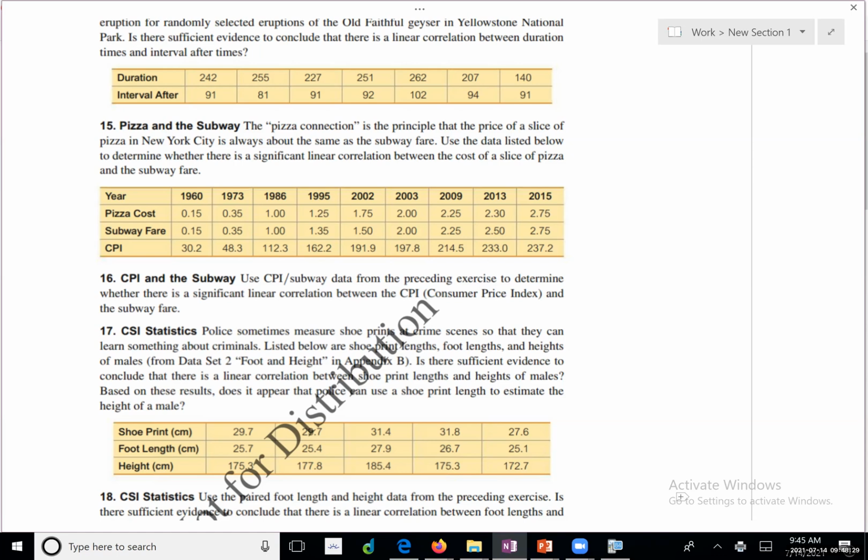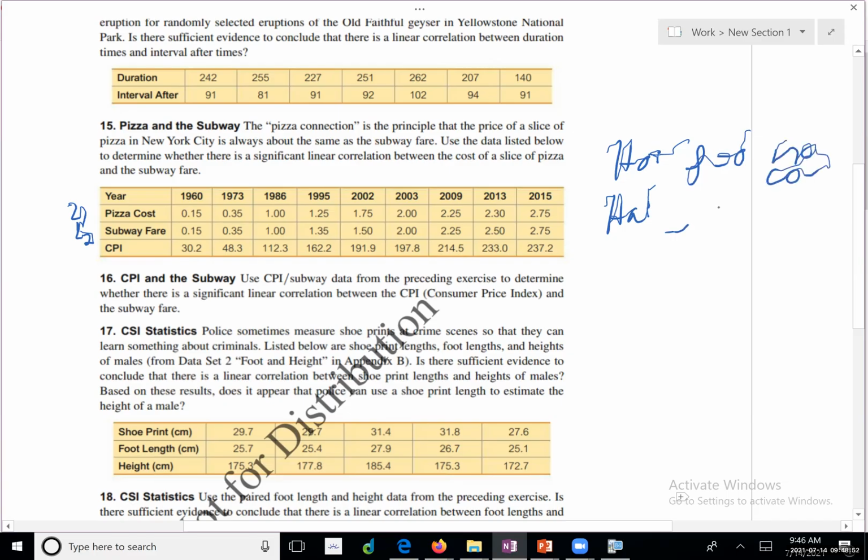Send me P and R. So this would be in L1, L2. Null hypothesis: rho equal to 0, no correlation. Alternative hypothesis: rho not equal to 0, there is a correlation.